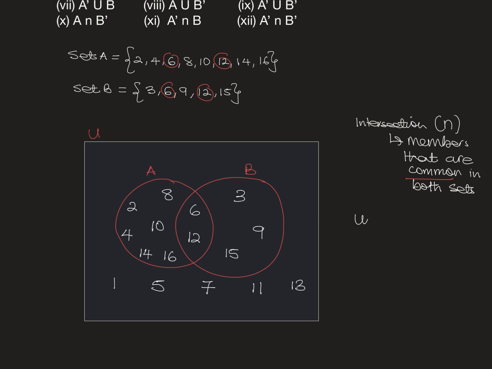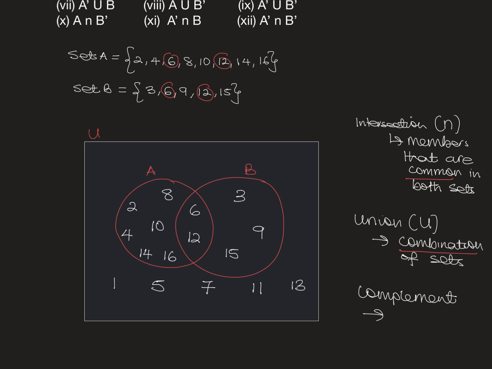When we talk about union, that is ∪, we are talking about combination. Okay, so you are going to combine the sets. So if I say A union B, I mean that you combine members of A and B. Then the last thing is called the complement.